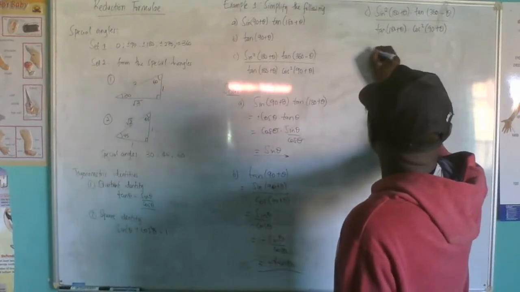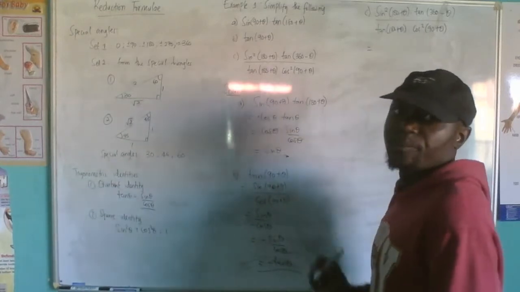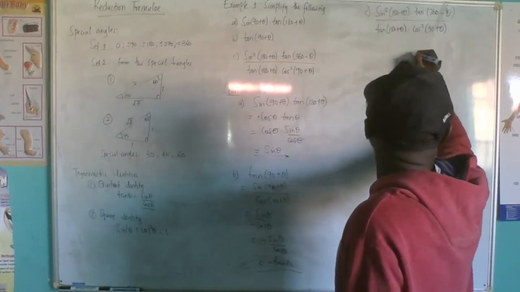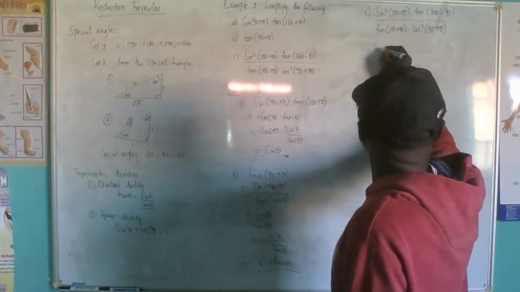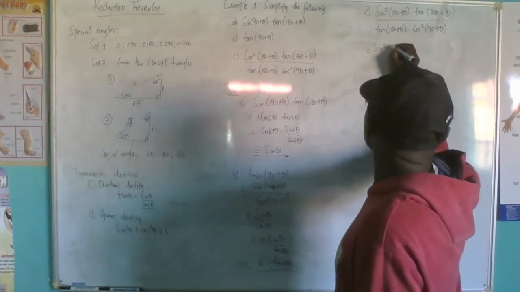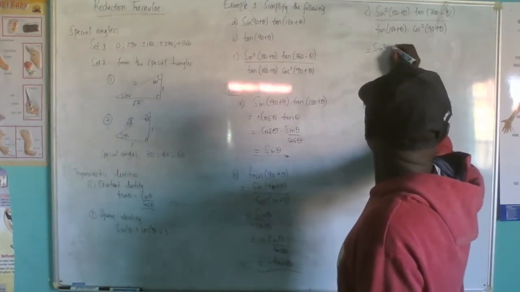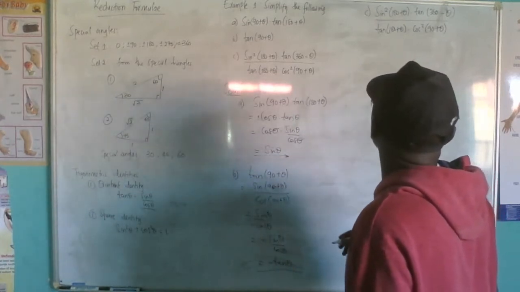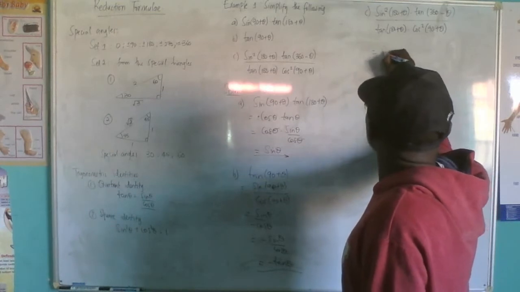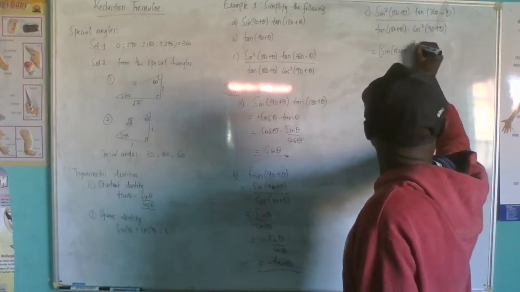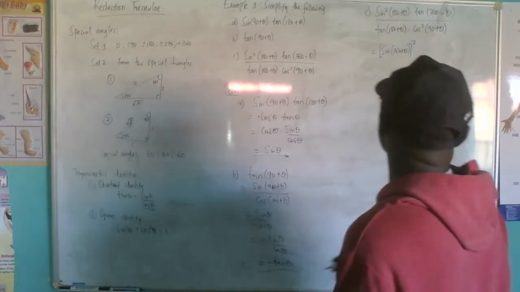Dealing with the first one, which is sine squared. I can take the square outside, changing the position of the square.